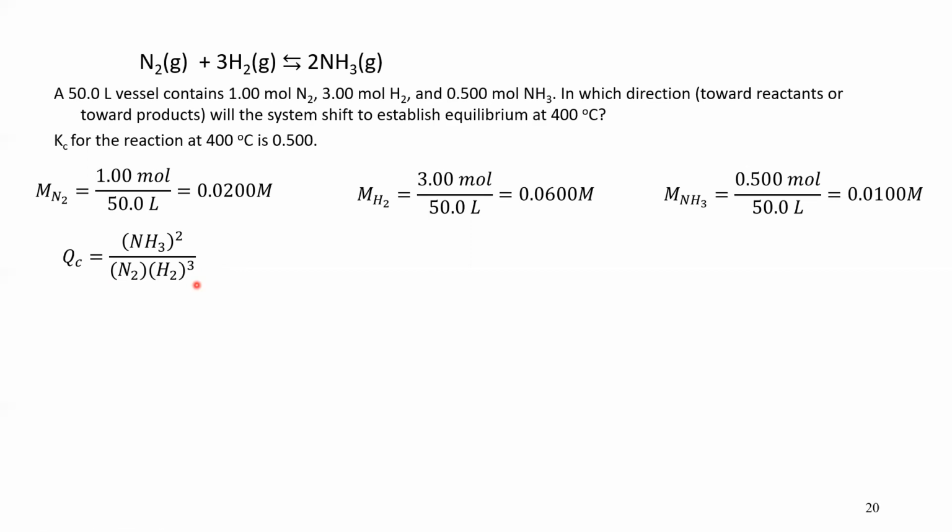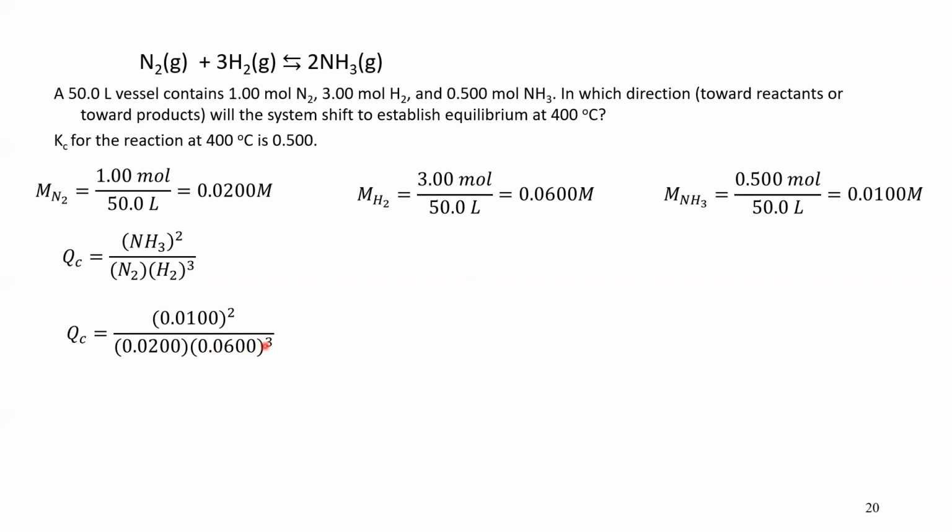Write down your Q expression and then plug in the numbers. Be careful with your order of operation in your calculator and see what you get. So you're going to have to put in your calculator 0.01 squared divided by 0.02 and divided by 0.06 cubed.